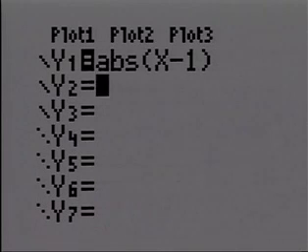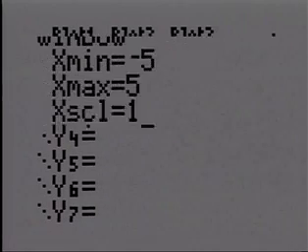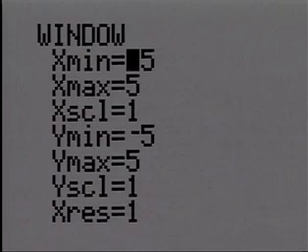And let's let y2 equal our g of x, which was x squared. And I'm going to put this in a window that goes from negative 5 to 5 on both axes. So there's our absolute value function. And there's our quadratic function, g of x. Notice that both of them have domains which are sets of all real numbers.